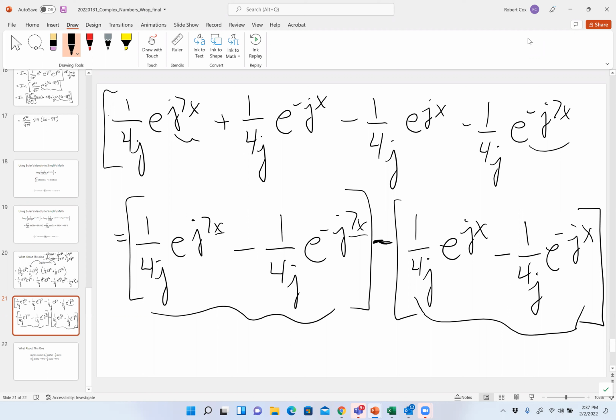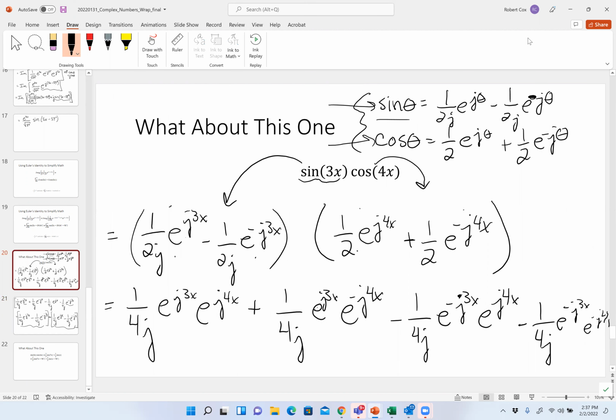How can I relate that to a sine or a cosine? It looks really similar to the equation I have on the first page. So in fact, which one of the two does it look similar to? This one or this one?